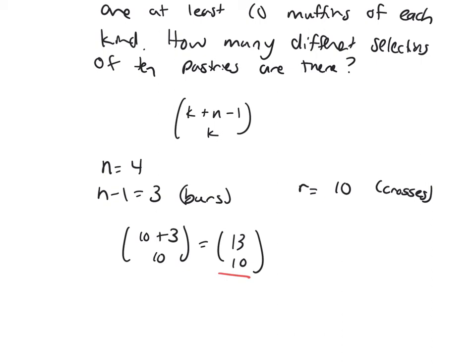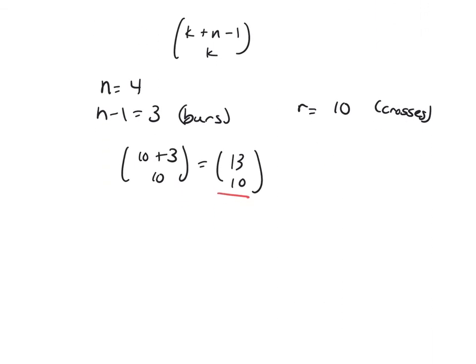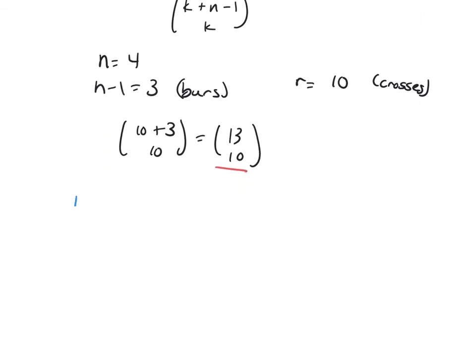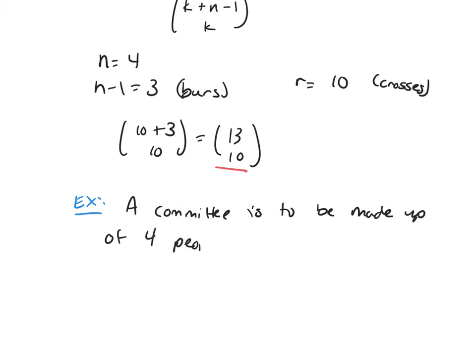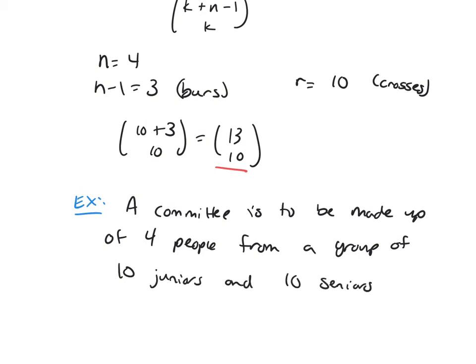Let's look at one more counting problem, and it's going to have 2 parts. So let's say I'm going to form a committee of people. It is to be made up of 4 people from a group of 10 juniors and 10 seniors.